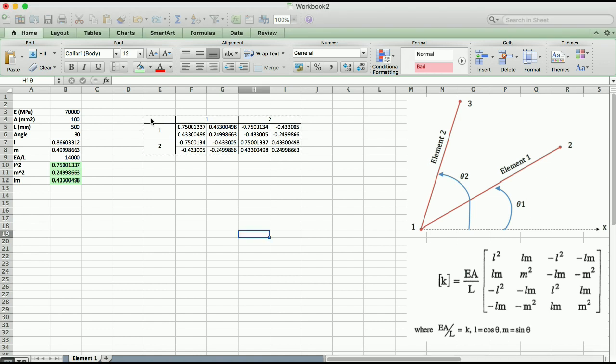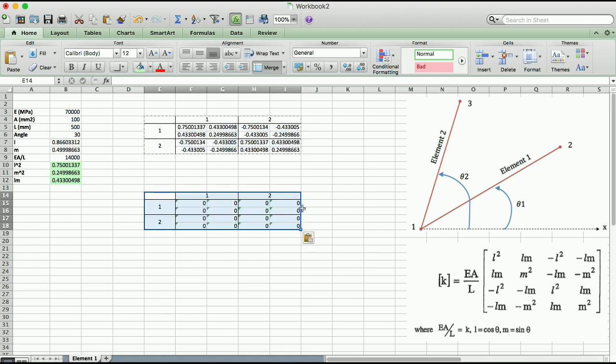To do that, I copy this area in the same page. As a result, we will have lots of zeros because these numbers are related to irrelevant fields, so we just delete them.